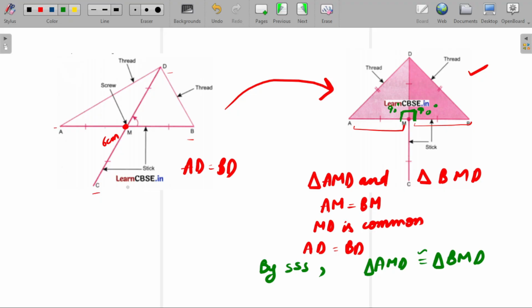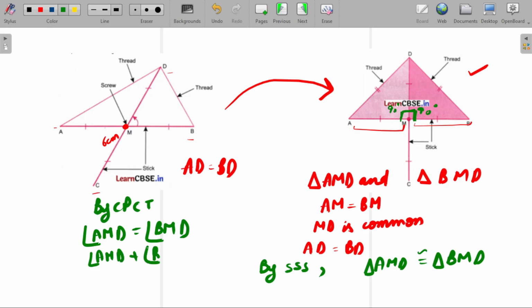Because by CPCT, angle AMD equals angle BMD. They are a linear pair also. So angle AMD plus angle BMD equals 180 degree, in case of a linear pair.